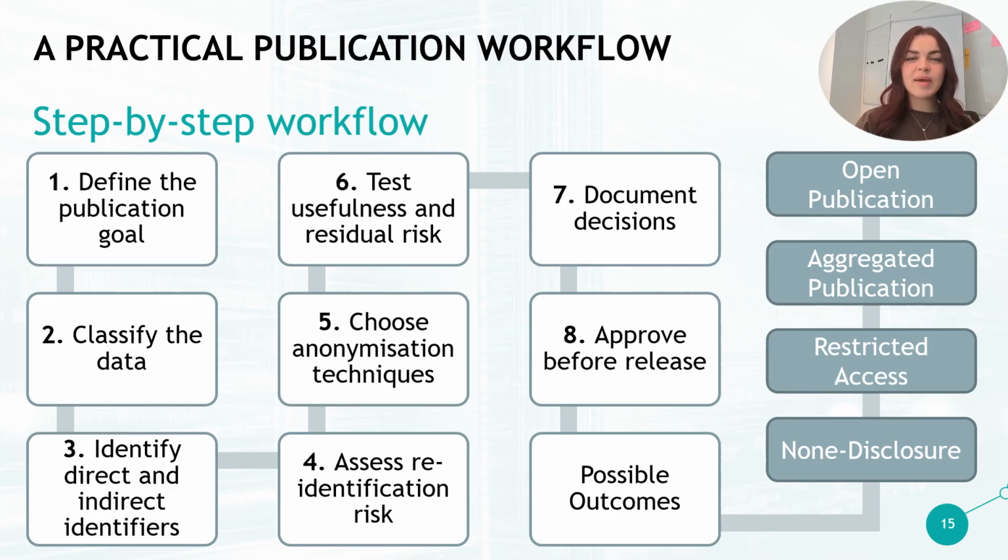Finally, document the reasoning and obtain approval before release. Sometimes the right outcome is open publication. Sometimes it is aggregation, restricted access, or no publication at all. The next activity applies this workflow to a small fictional dataset. Head over to our practice task and try applying the new knowledge you've gained.